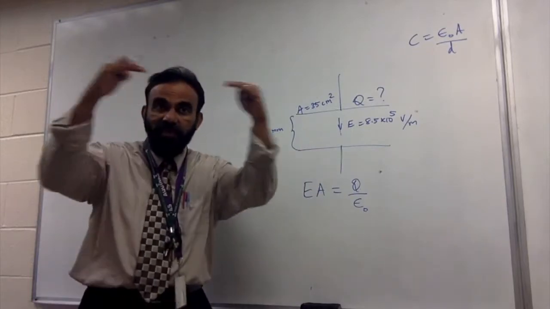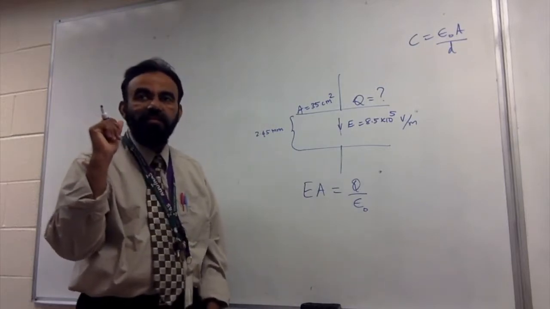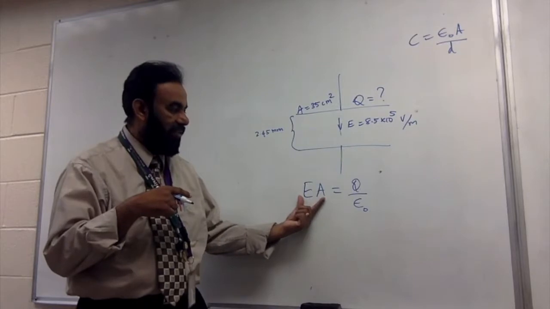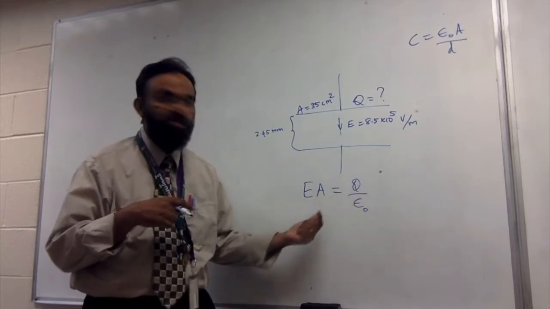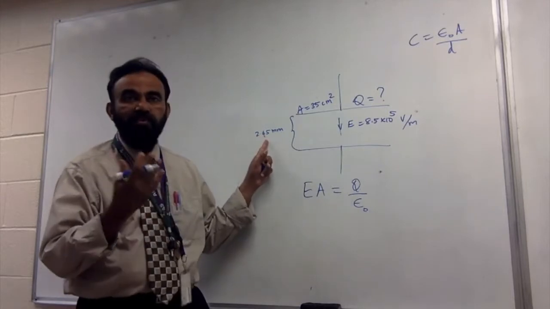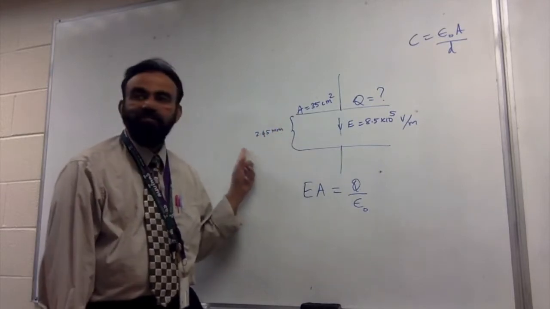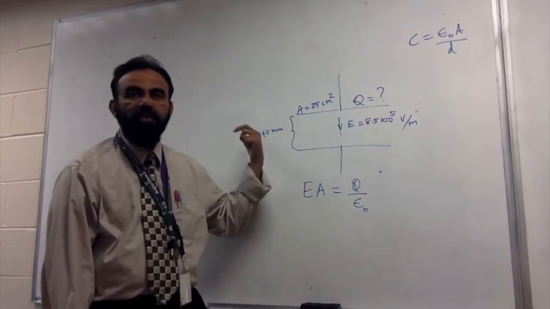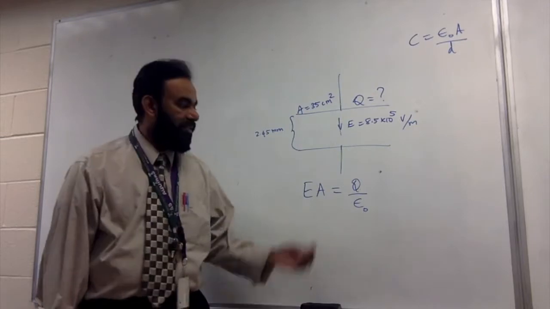That intermediate step gives you the answer straight away. If you substitute stuff, is this information required? Not required at all. Even if it was 5 centimeters, you're going to get the same answer.